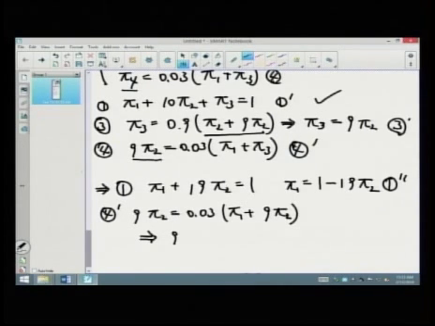I'm going to multiply by 100 on both sides. So we have 900 pi 2 equals 3 pi 1 plus 27 pi 2. Okay. So I have 4 double prime down here.